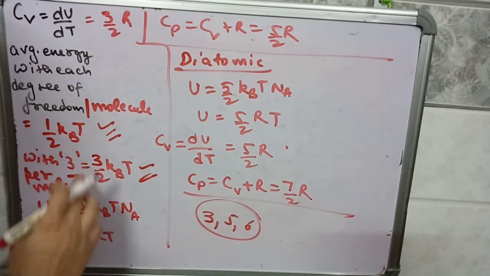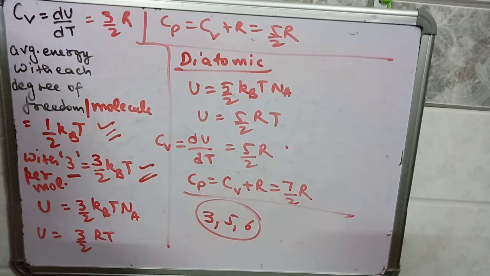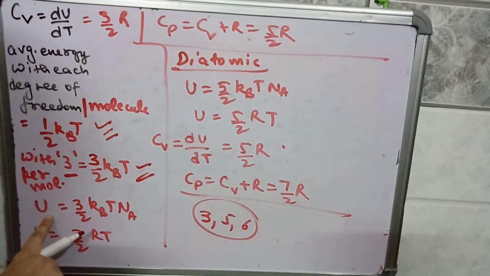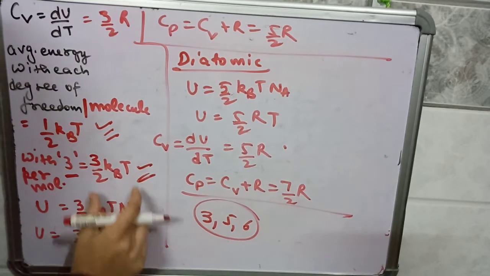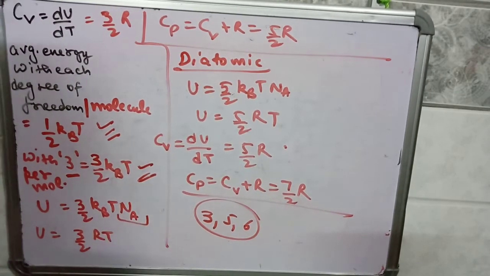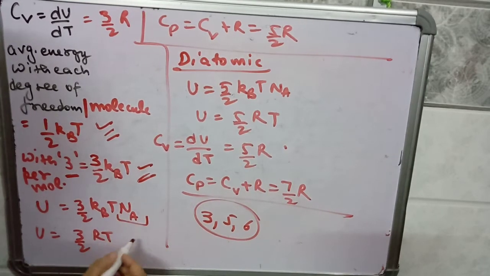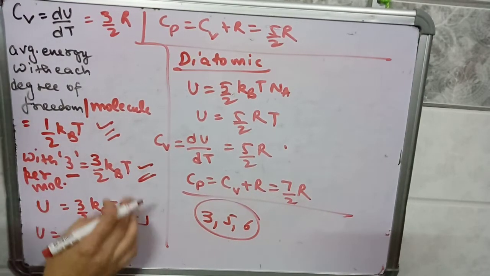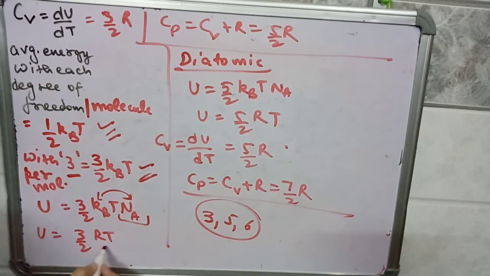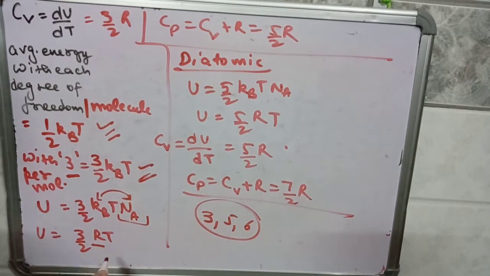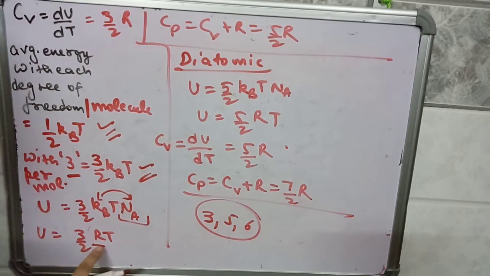This is the average energy for one molecule. So suppose for 1 mole of gas, how many molecules are present? Na. So multiply this term by Na, and we know that kB into Na is equal to R, which is the gas constant. So U will be equal to 3 by 2 RT.